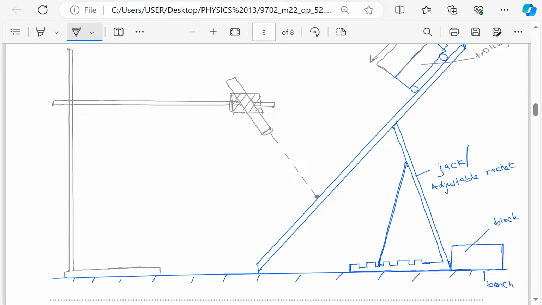So that is going to be my clamp. So I am going to put my timer here.